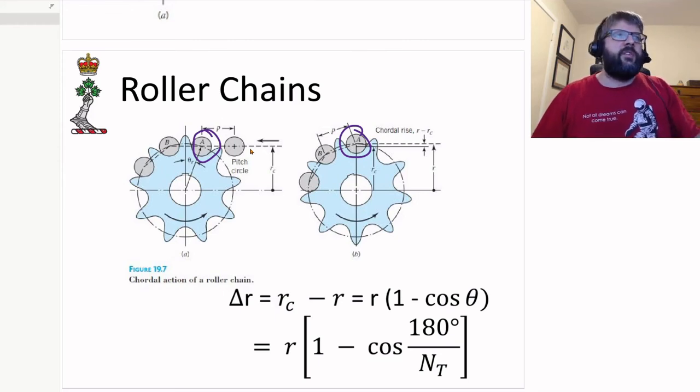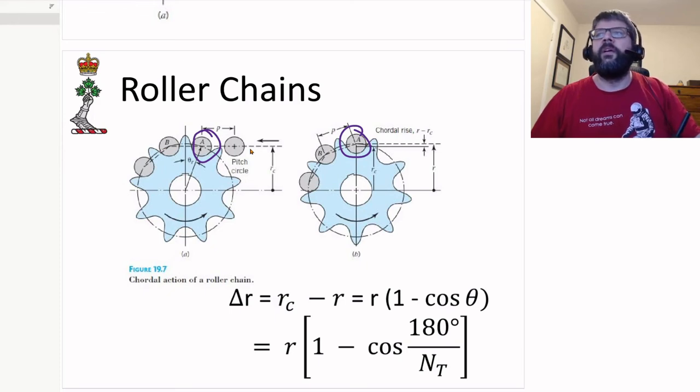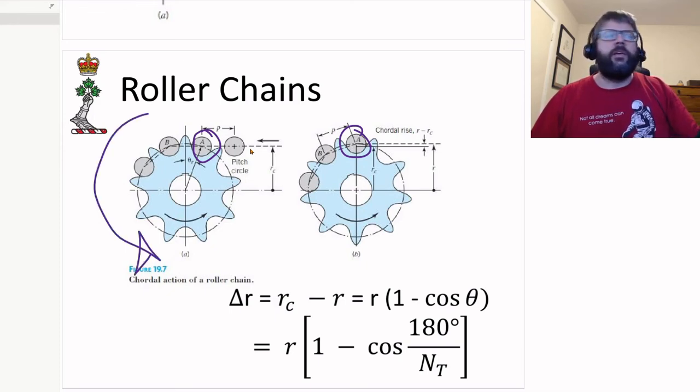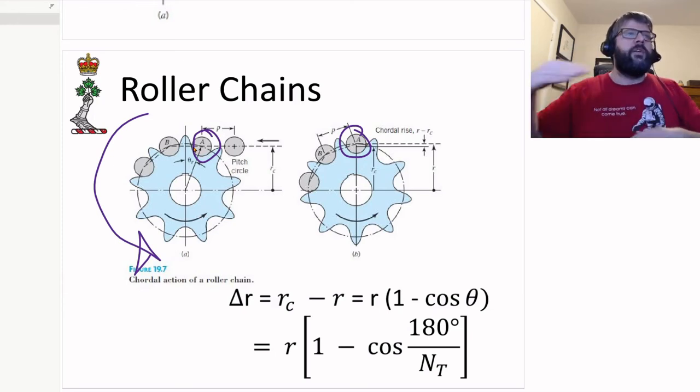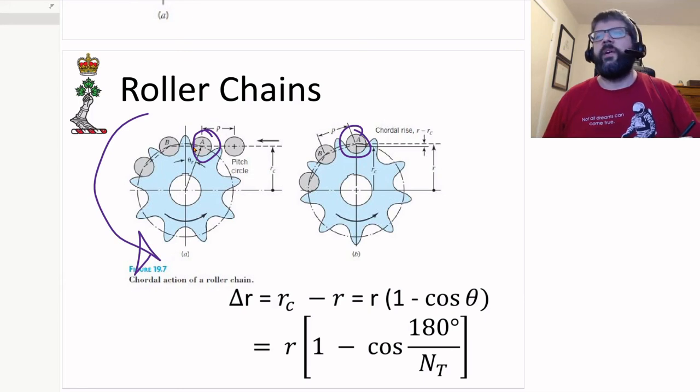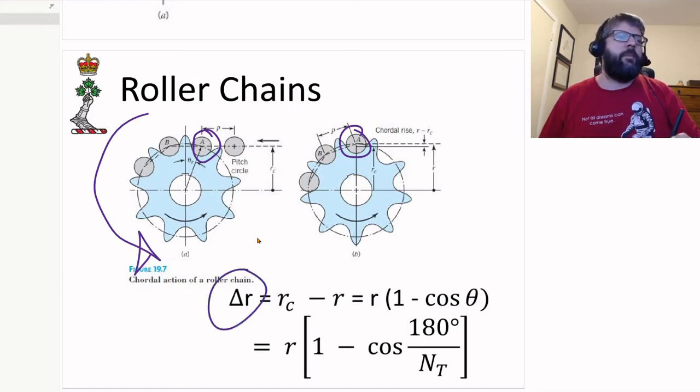If you have that change in the effective radius, then realistically you're also getting a change in basically the effective speed. So if this thing's rotating at a constant rotational speed, then the chain itself that's being driven is going to be seeing changes in its velocity as it rotates around. The degree to which that happens is going to be a function of the number of teeth.